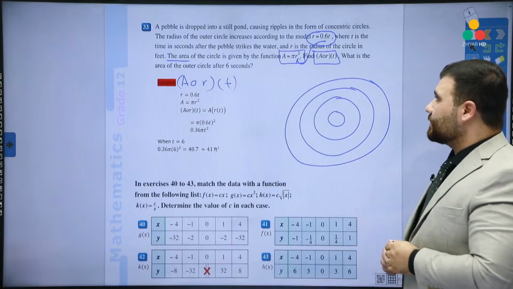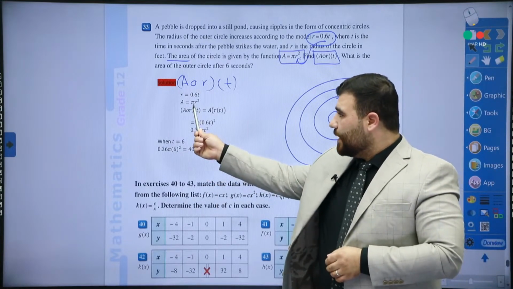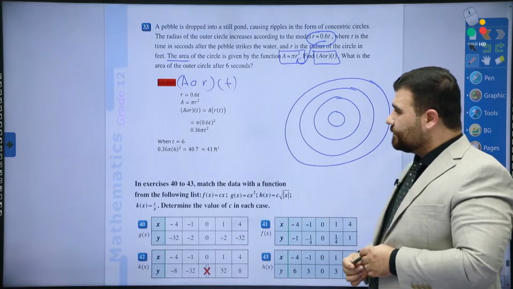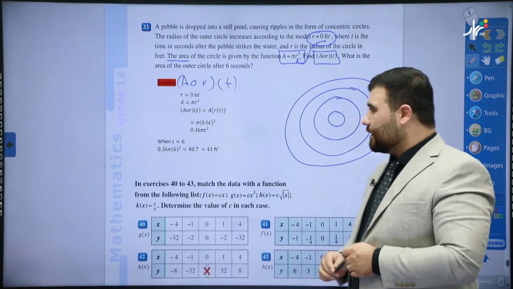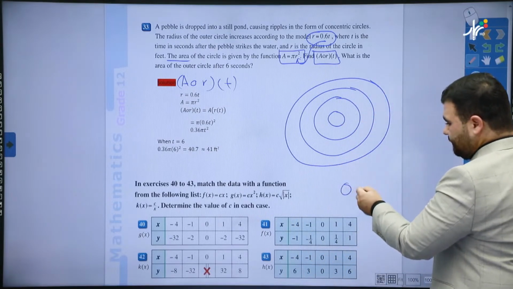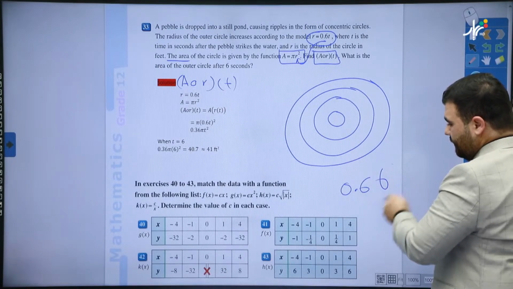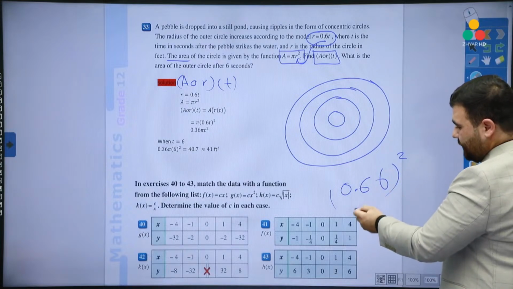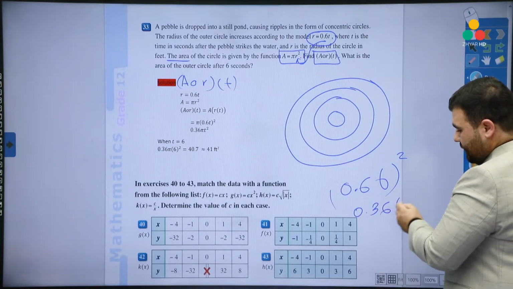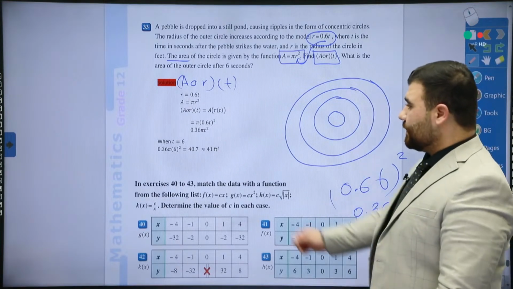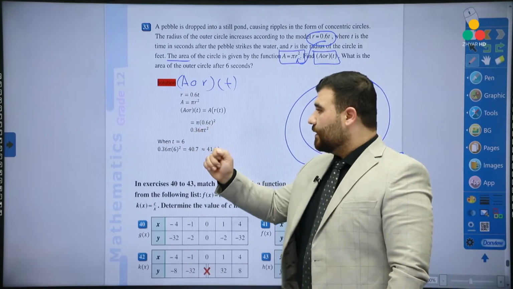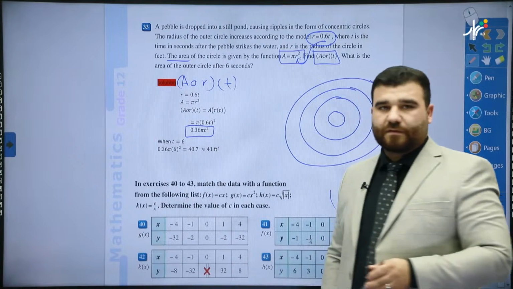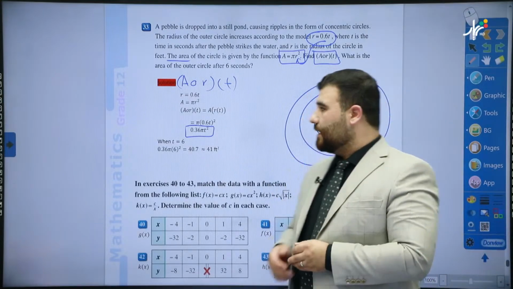So instead of pi r squared, I want to write pi (0.6 t) squared. 0.6 t all squared is going to be this number squared and the t squared, which is 0.36 t squared. 0.36 t squared is right here. This is the function A of r of t.